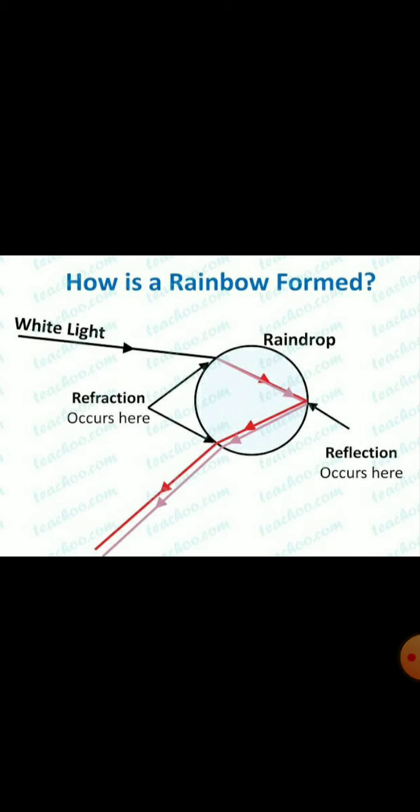As we see in the diagram also, a ray of white light is shown, and then that ray travels from air medium to water medium, that is, the raindrop. So you need to remember here three things will happen: refraction, dispersion, and internal reflection.